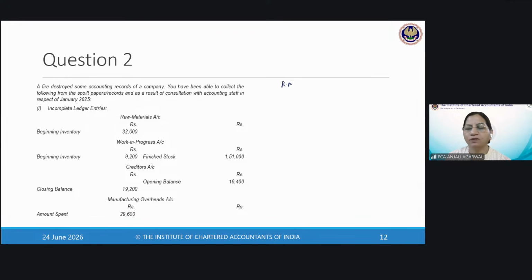Raw material account. You have brought down 32,000. Then you have the WIP account. Brought down is 9,200 and finished goods is 1,51,000.